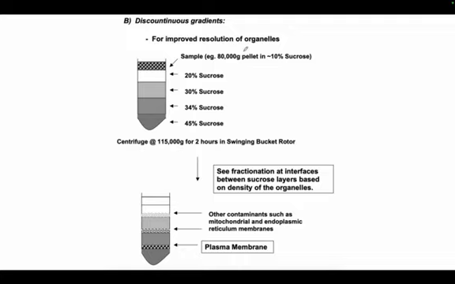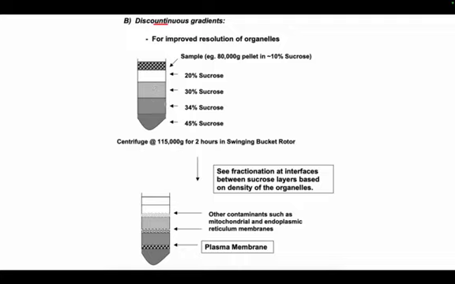Now, if you want to improve the resolution, you can use something called a discontinuous gradient, where basically you're going to make these layers. Because it's not a continuous gradient, it is not going to settle at the exact point where the density is equal. Instead, it is going to settle above the layer which has greater density.